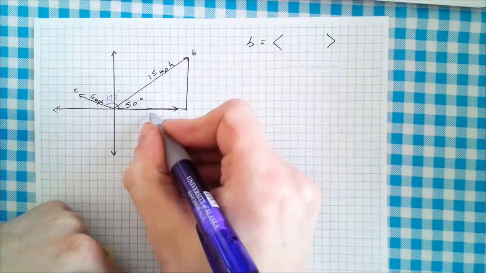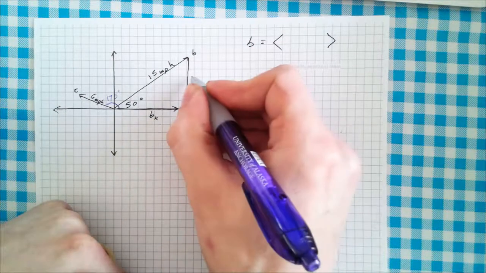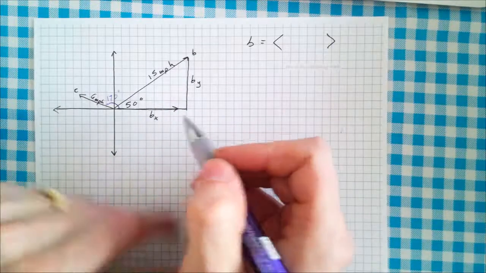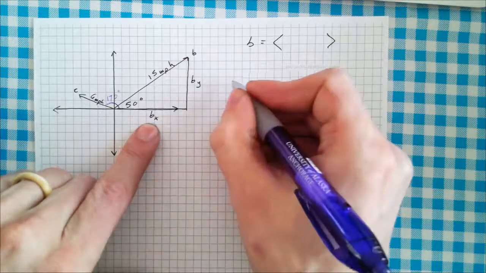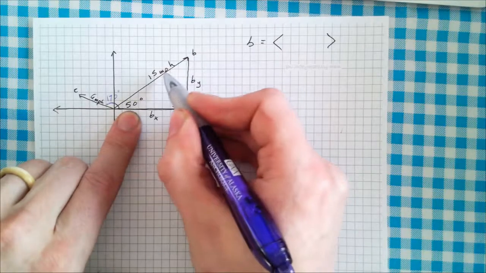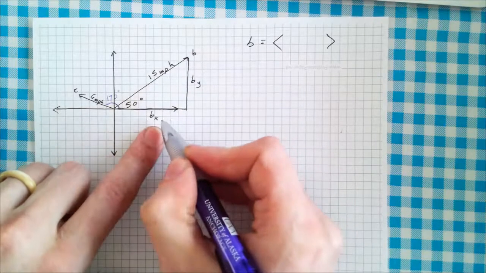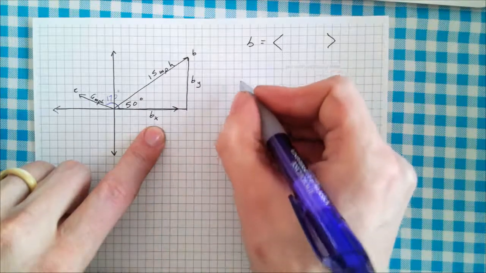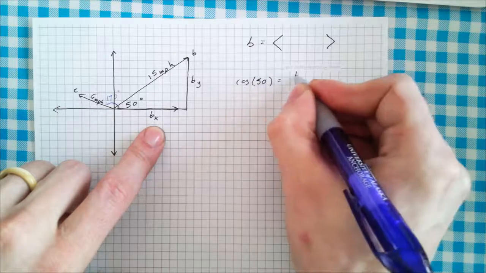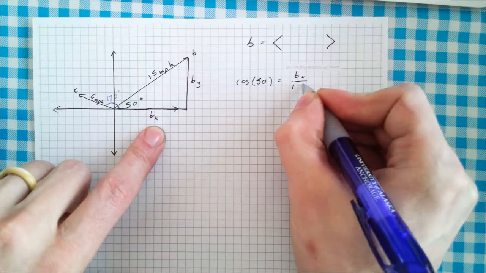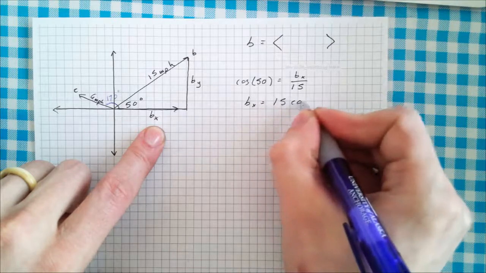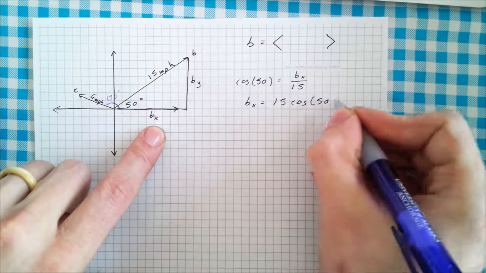So I'll just call this B sub x, and I'll call this B sub y. So B sub x is the x component. We know how to find B sub x because we have the hypotenuse of our 50-degree angle, 15, and B sub x is the adjacent. So I know that the cosine of 50 will give me B sub x over 15, which means that B sub x is just 15 times the cosine of 50.